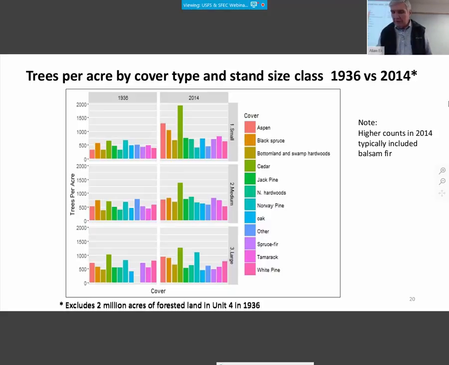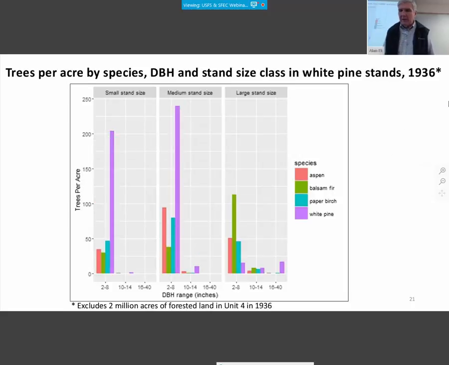So all of these cover types had other species in them. And if you look at white pine for an example, and we have some real interest in white pine aesthetically and for the habitat value of it, here we have 3 stand size classes. And if we look at this composition, we have the large size classes.